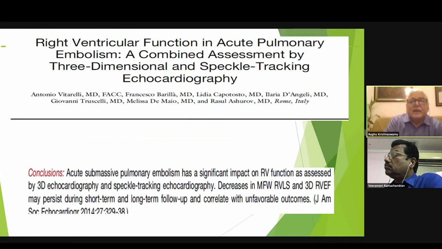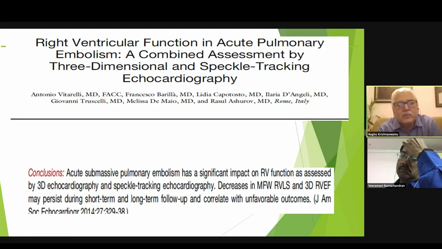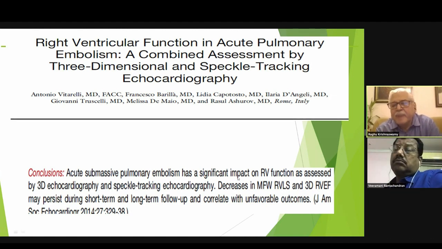However, in another study, which used both three-dimensional echo and speckle tracking in acute pulmonary embolism, they concluded that acute submassive pulmonary embolism has a significant impact on RV function, as assessed by 3D echo and speckle tracking. Decreases in the mid-free wall RV longitudinal strain and 3D EF may persist during short and long-term follow-up and correlate with unfavorable outcomes.